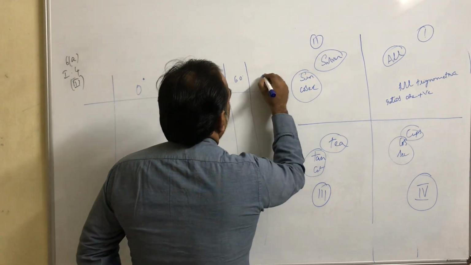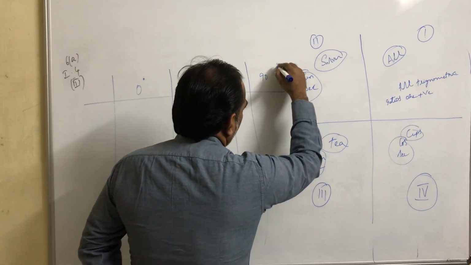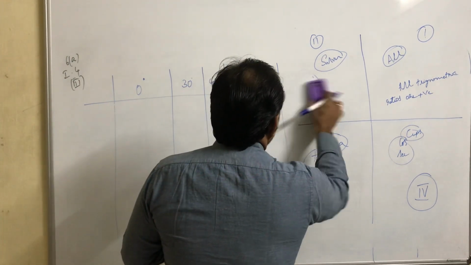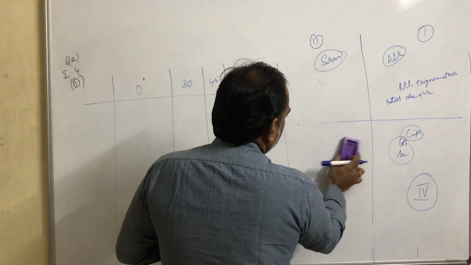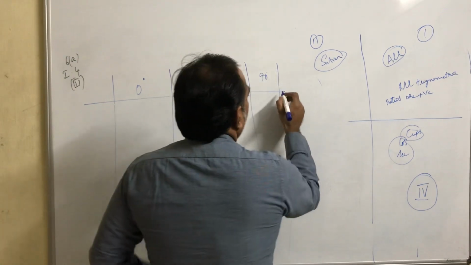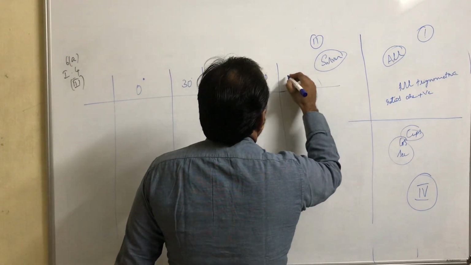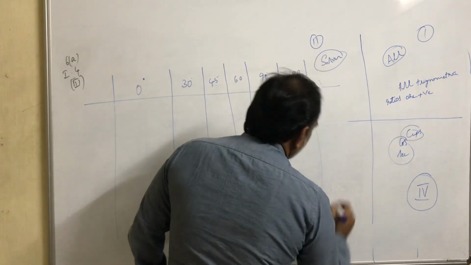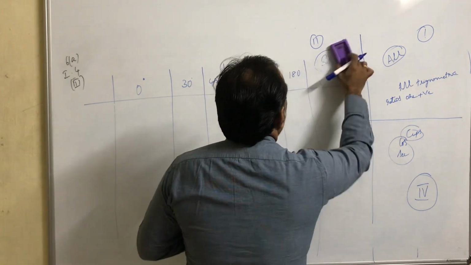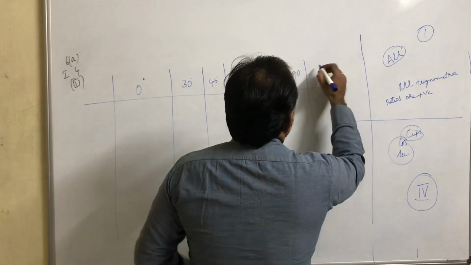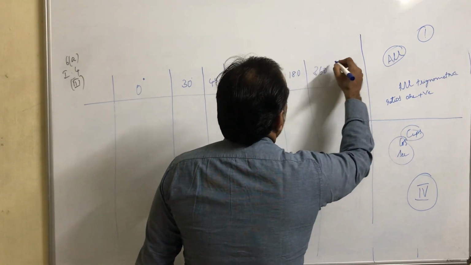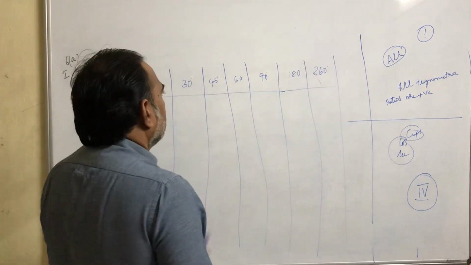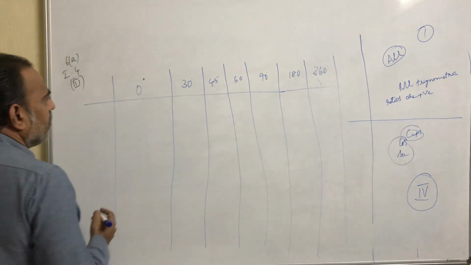Okay, and then 90. And we have one more thing also, after 90, 180 degrees, and then 360 also. We need to remember these values to solve the problem.